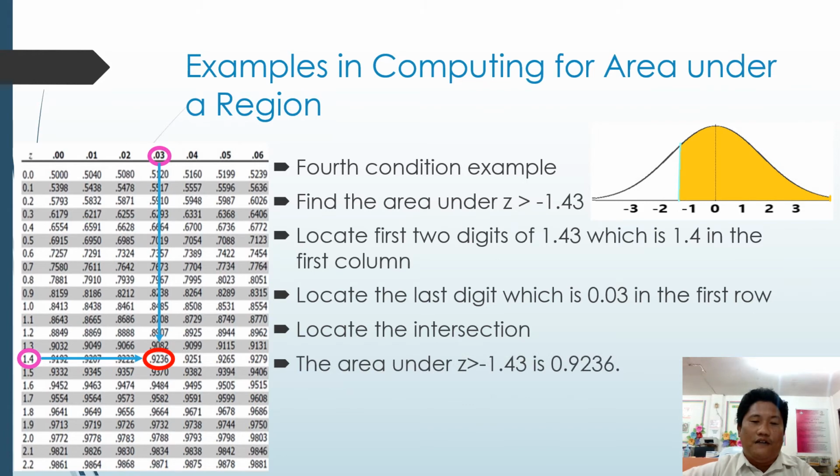Here the area is 0.9236, which is greater than 0.5, right? So based on our illustration, it should be greater than 0.5. And we have here the answer is 0.9236. The area is greater than 0.5.